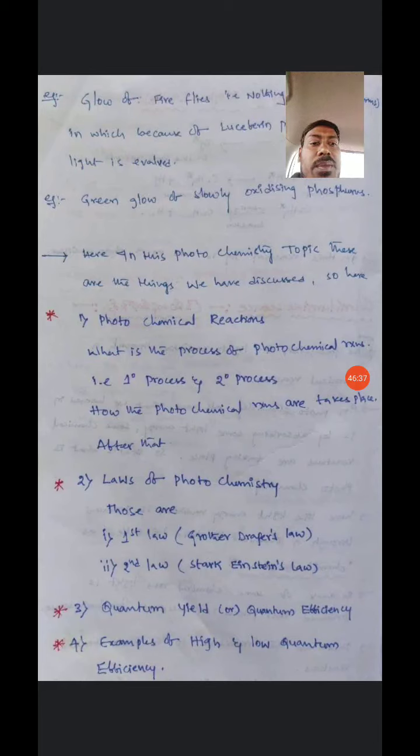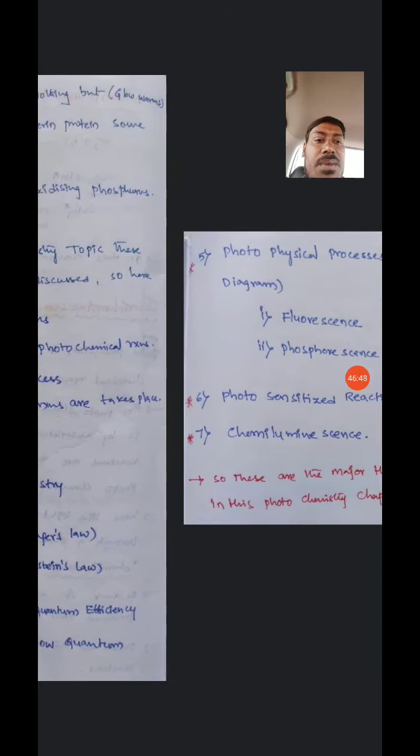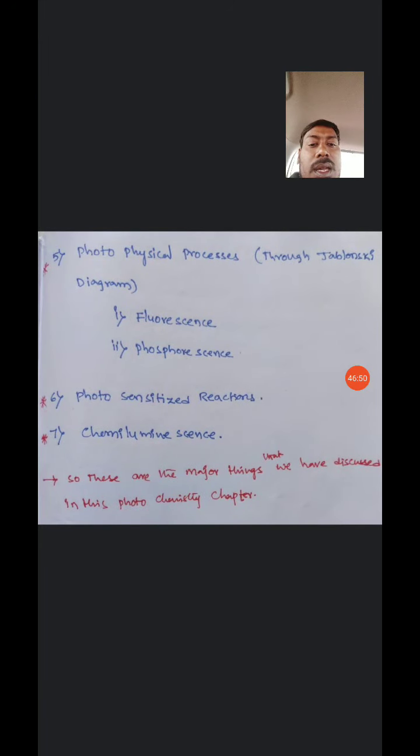Next, quantum yield or quantum efficiency, and examples of high and low quantum efficiency. Next, photophysical processes, explained through the Jablonski diagram with fluorescence and phosphorescence.